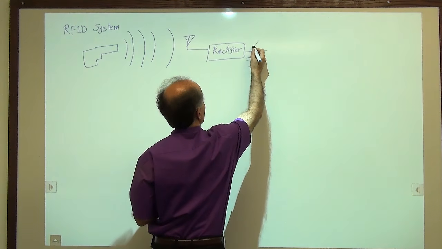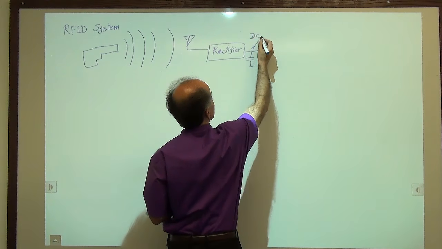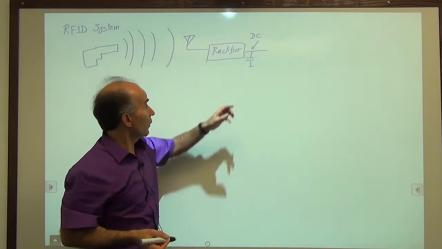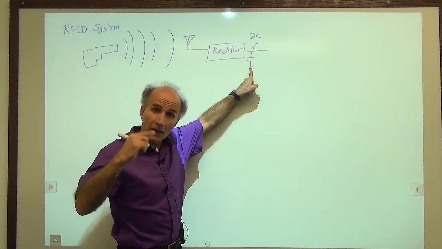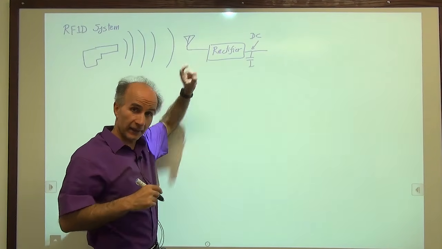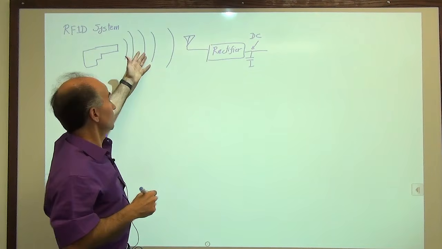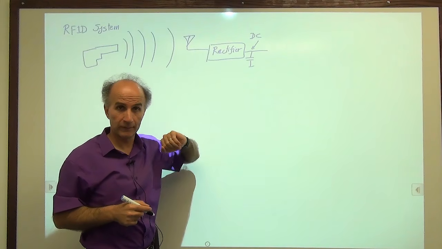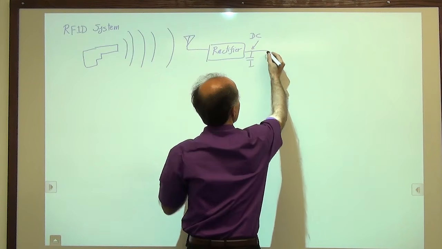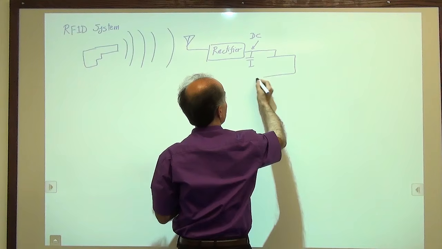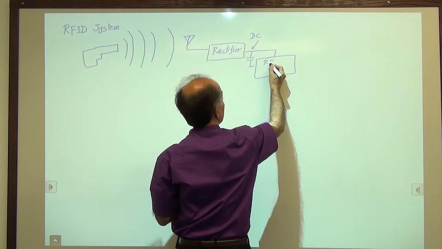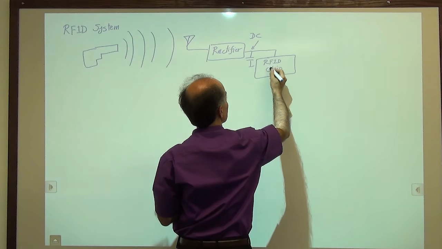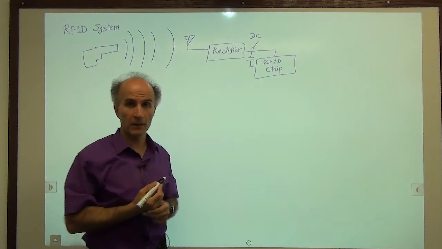And that gives us a DC. Now you can look at that as a power supply, as a battery. So we charge this capacitor with the energy that we receive from the antenna. This energy presumably is large enough to charge up this capacitor to some DC value. And it's this DC that powers up that RFID chip. So the RFID chip is here, and we charge it up in this system.